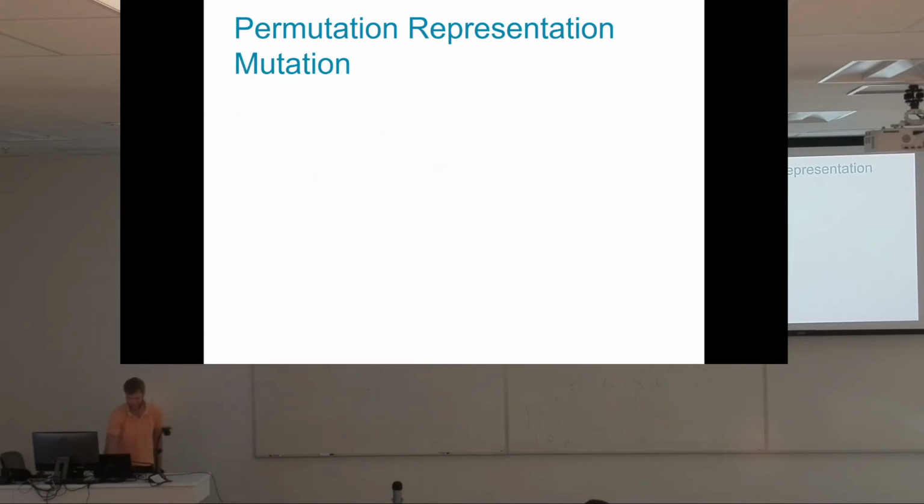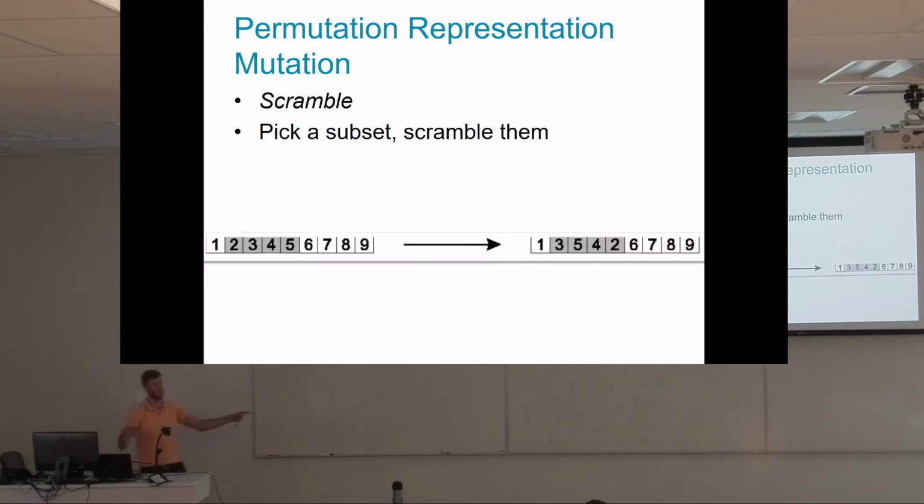If we did something like scramble, where you pick a chunk and change them all, that's fairly destructive in the context of TSP, because any adjacency that was there is kind of what we're evolving, right? We're evolving good adjacencies of those cities. So if that chunk is presumably a reasonably good order and we just scramble it... but maybe we'll get lucky.